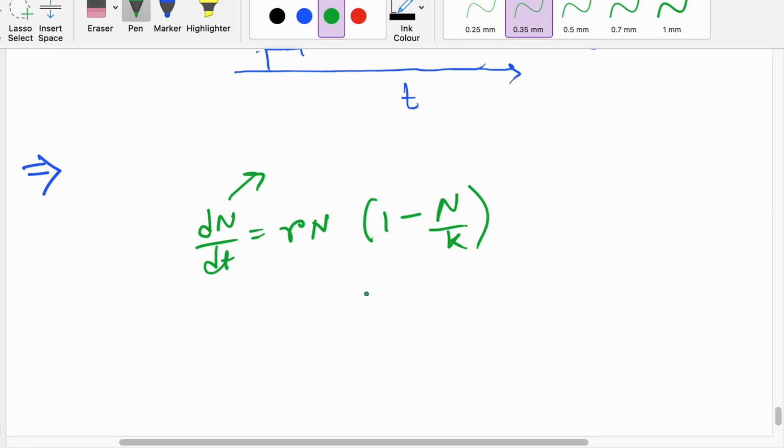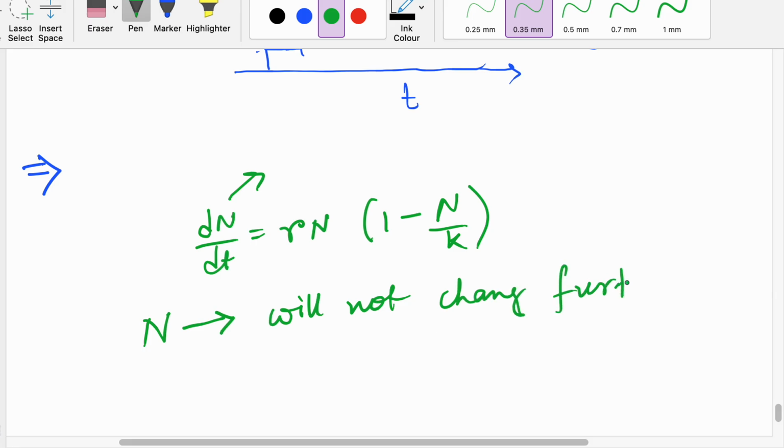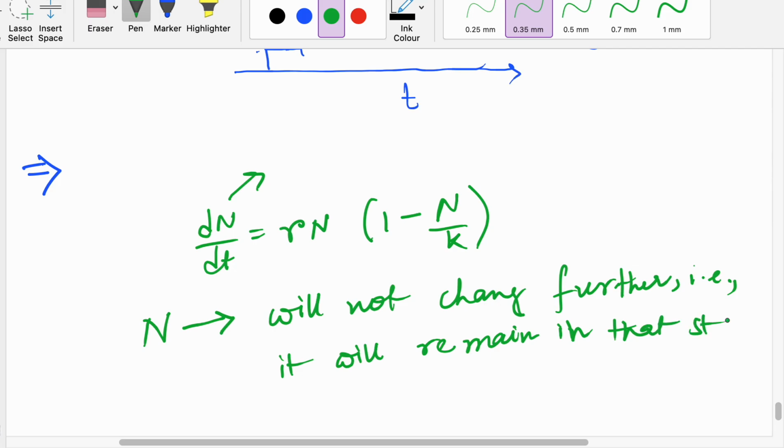The question is, can we find a state where N will not change further? That means it will remain in that state forever.